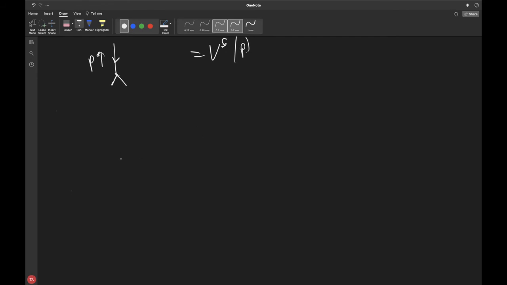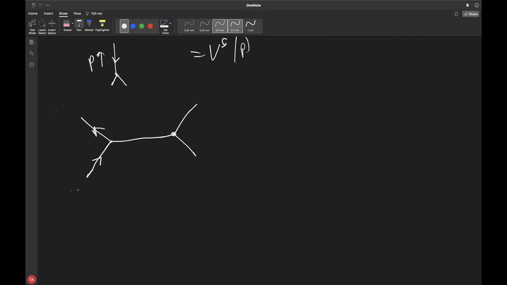And let's give an example where we have an electron-electron scattering. Let's say that we have an electron coming in like this, it's a particle, and like that. This is our diagram.